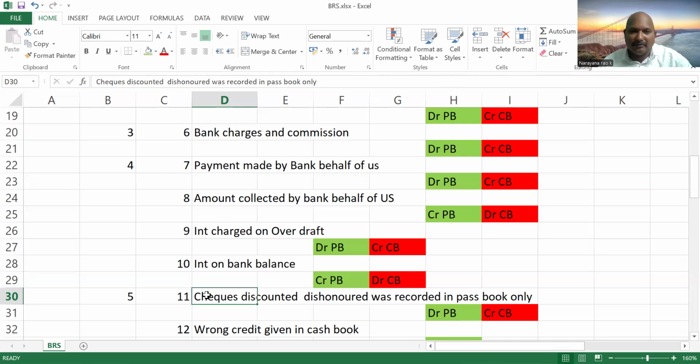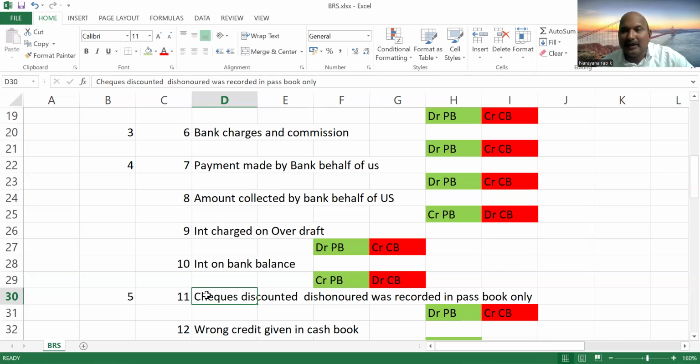And the 11th one, cheques discounted and dishonored. Here, it is another type of loan given by the banker. Cheques or bills we received in advance, we can discount in the bank. At the time of discounting, they give money to us, irrespective of whether the customer paid or not.